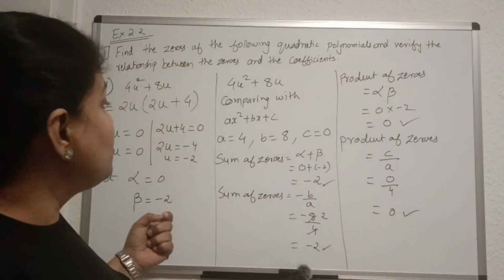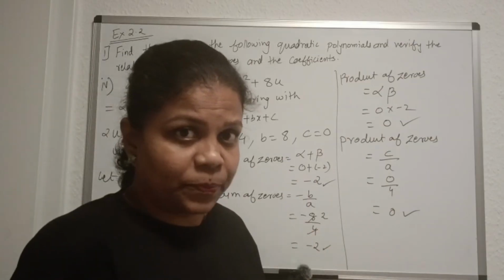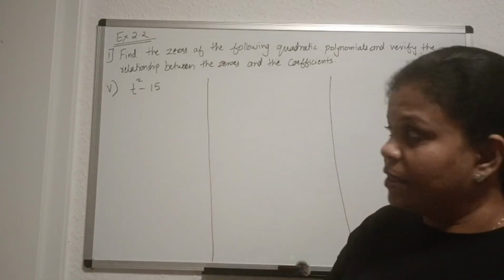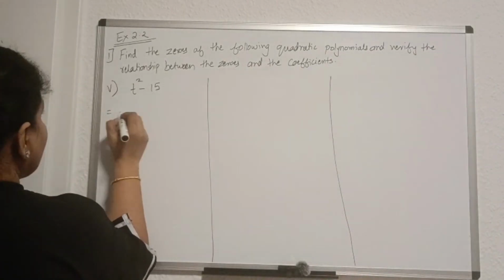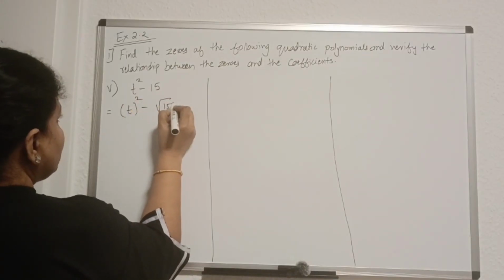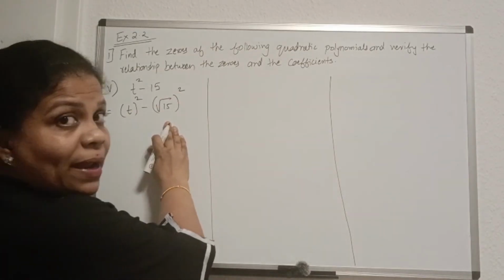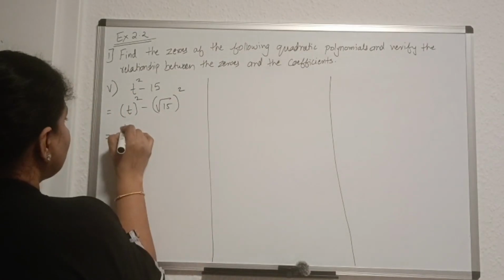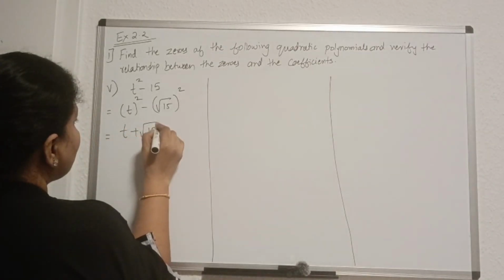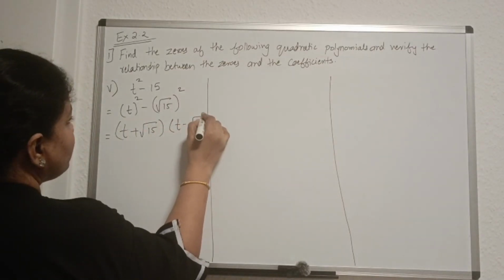Let us go to the fifth sub question of this question, where it is t square minus 15. So looking at this, we can write this as t the whole square minus root 15 the whole square, which is in the form a square minus b square. So we can write one factor as t plus root 15, another factor as t minus root 15.